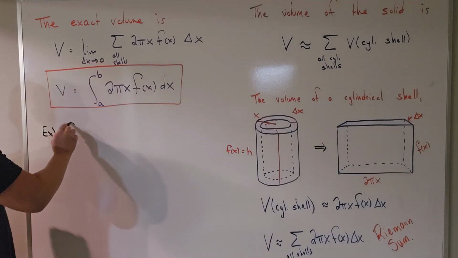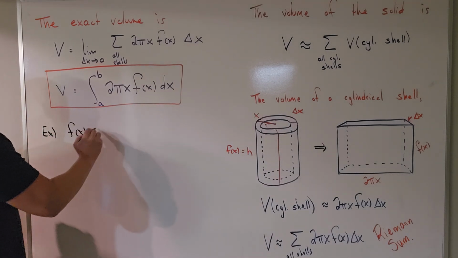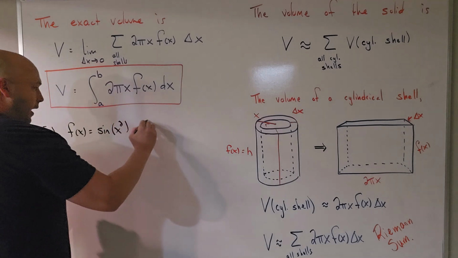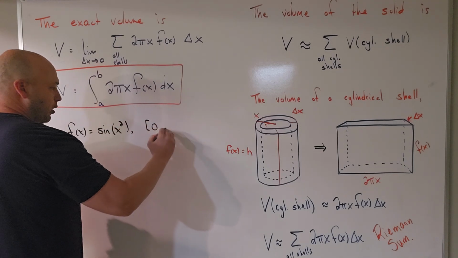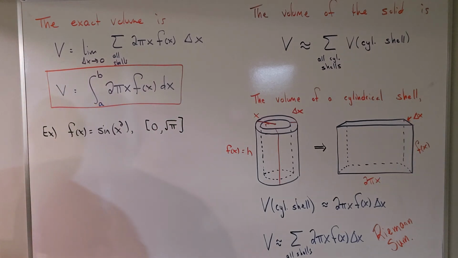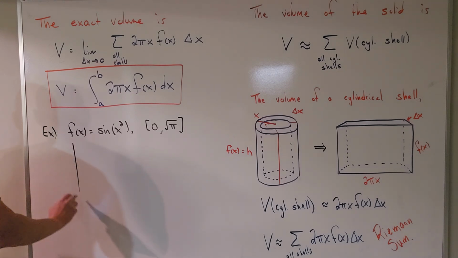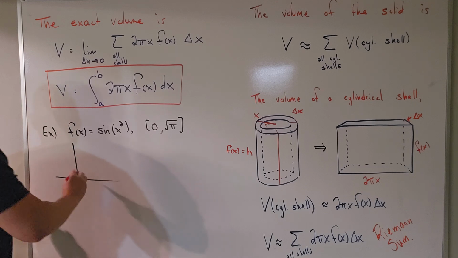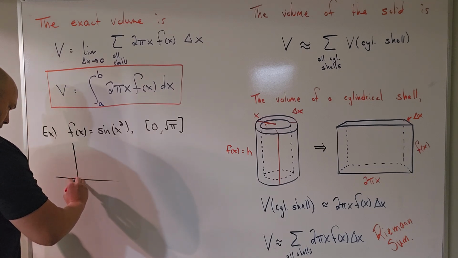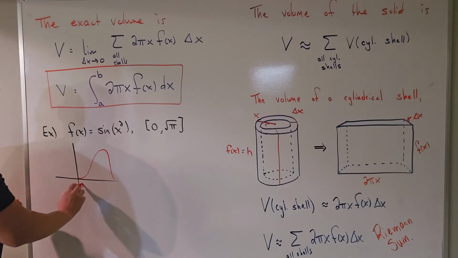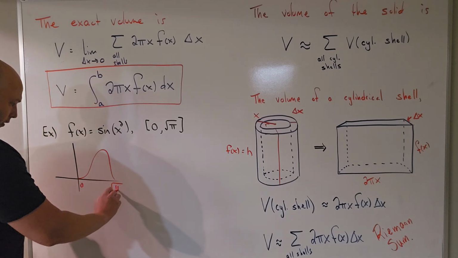So let's take a look at the function f of x is equal to sine of x squared on the interval from 0 to the square root of pi. Now, if you graph that, again, you're going to generate a graph that looks very similar to the motivating graph that I used.